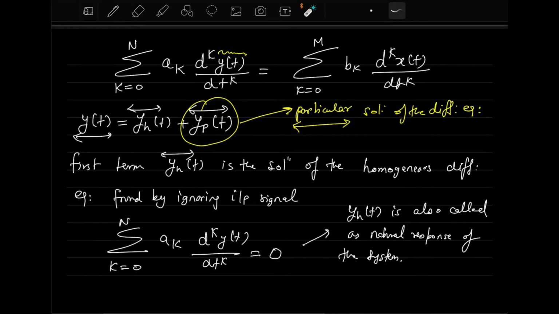And if the initial conditions are there, then it will not be linear at all. Whereas time invariance, it will always be time invariant, but the only thing is that the coefficients a_k and b_k should not be time dependent. If they are time dependent, then it will not be time invariant. So that is also another important point.